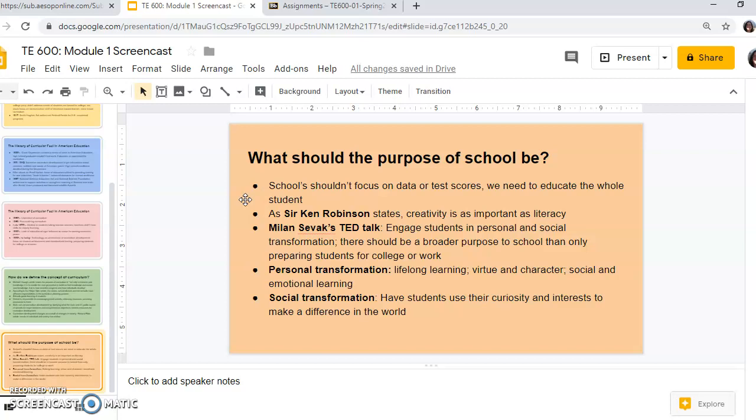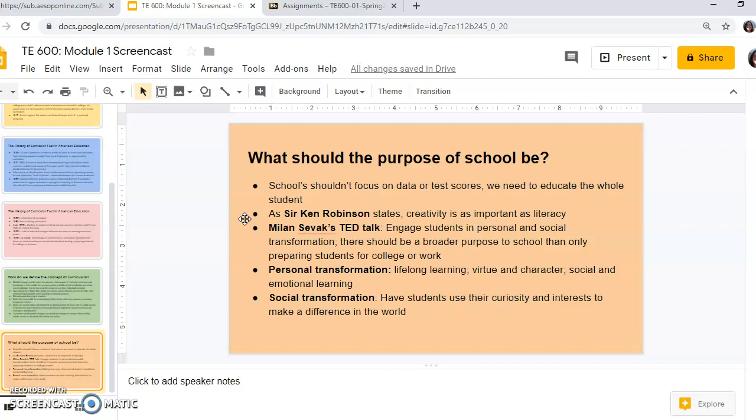because it's not. As Sir Ken Robinson states, creativity is as important as literacy. So I feel like this push with the test scores is taking away from allowing students to be creative, and it takes away time in the classroom for us to give students the opportunity to be creative.